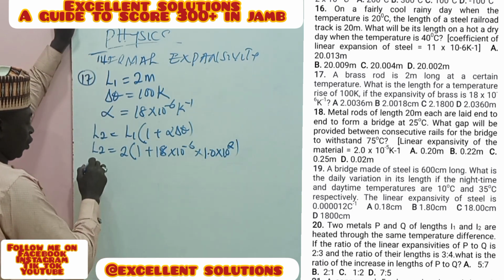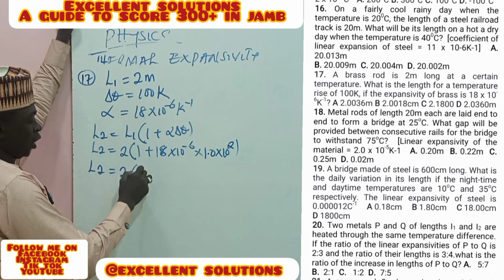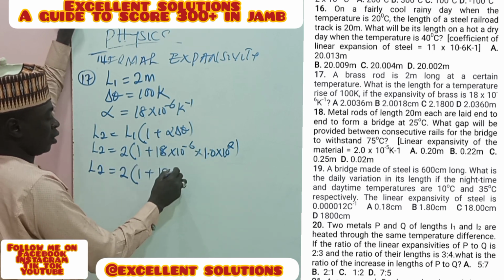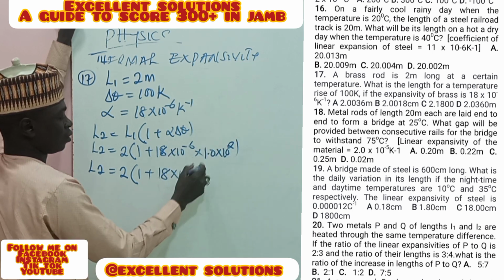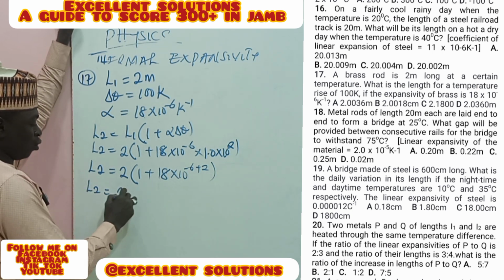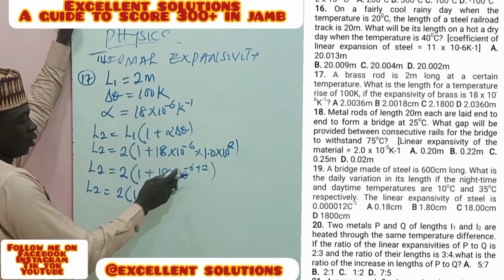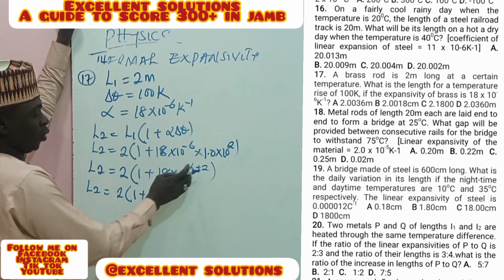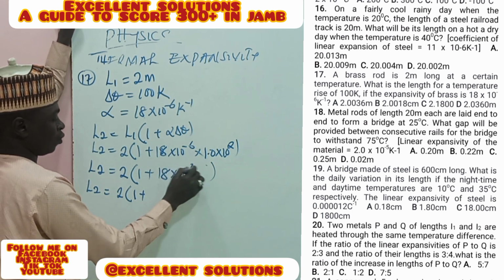So L2 equals 2 open bracket 1 plus 18 times 10 to the power of minus 6 plus 2, which gives 18 times 10 to the power of minus 4.